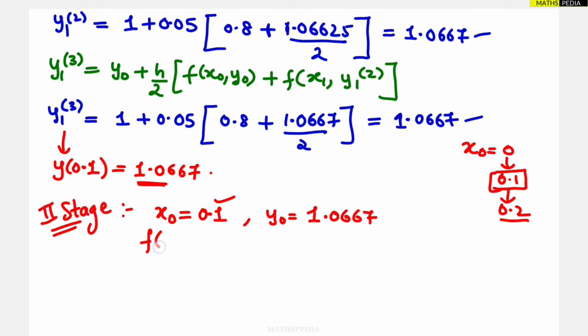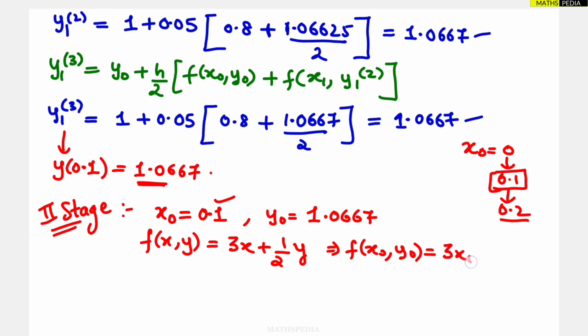What is the function of x and y? It won't change, it will remain as it is. It is 3x plus 1 by 2 into y. But what happens to function of x0 comma y0? That will change because x0 and y0 value has changed. Instead of 3x, it will be 3x0 plus 1 by 2 into y0.